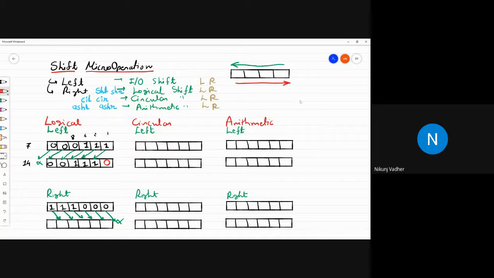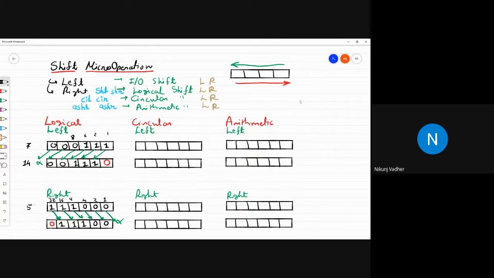What will happen in shift right? In shift right, 1 1 1 0 0. This empty space will be filled with 0. If we try to convert this into decimal, 1 2 4 8 16 and 32. So 32 plus 8, 40. 40 plus 16, 56.